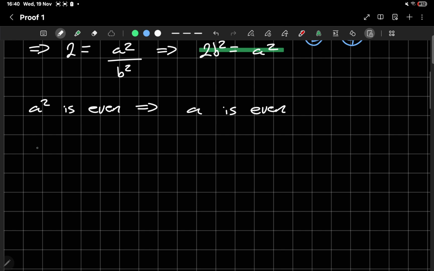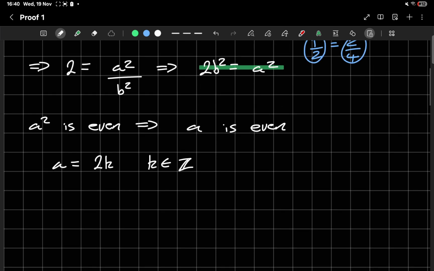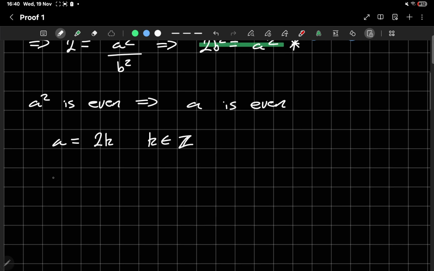So we can write a is equal to 2k, that's just another form of a, where k is an element of the integers. And now we can just sub this back into our original. So let me star this here.